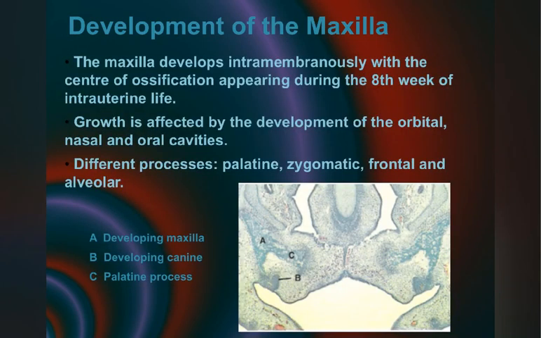The maxilla develops intramembranously with the central ossification appearing during the 8th week of intrauterine life. Both maxilla proper and premaxilla develop intramembranously, so the ectomesenchyme becomes bone straight away without going into the cartilage stage.